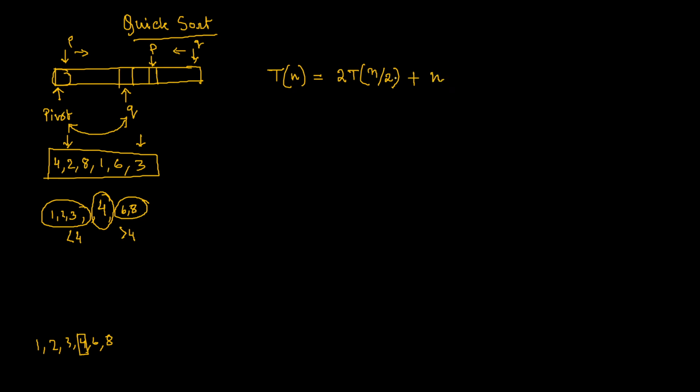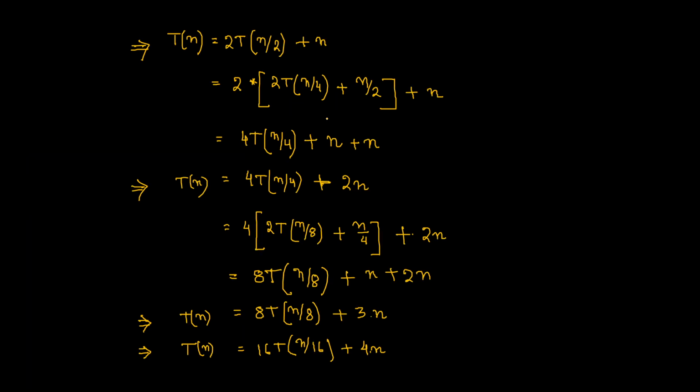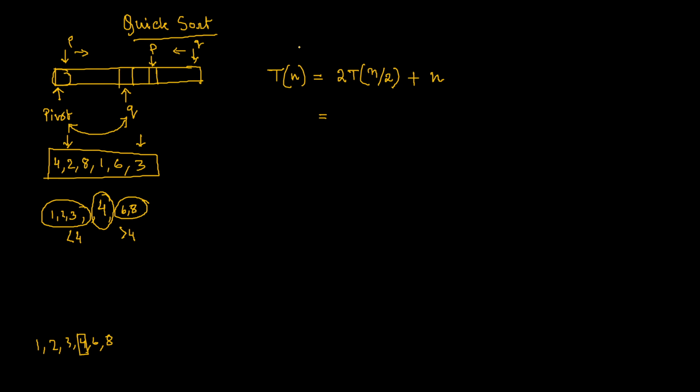Now if the equation becomes like this, naturally from our past experience on merge sort, where we have seen this one, I am getting the same expression. So naturally I can say that this will lead to 4T(n/4) plus 2n.